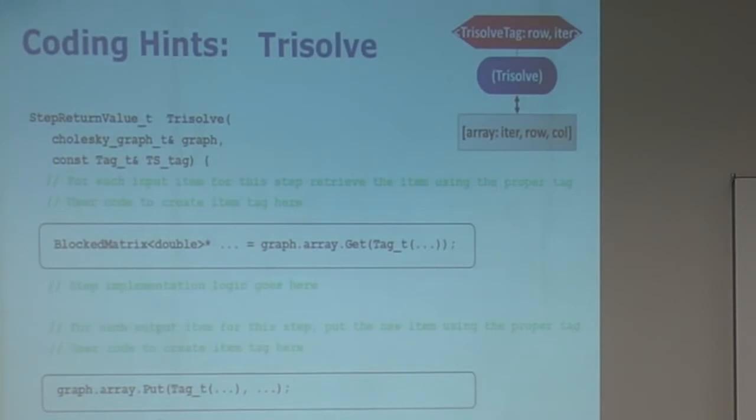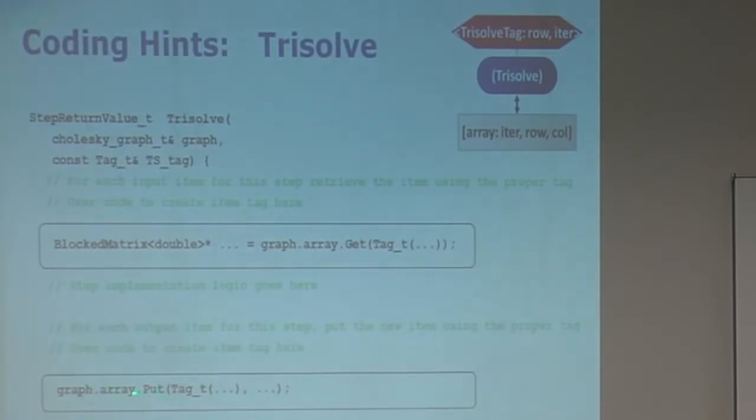So we know from the relationships here that this try-solve step is going to do a get on the array. And what it's going to produce, we don't know what you're going to store it into, but we know the type of the thing you're going to store it into. So we give you a hint here that that's code you need to put in, and we generate this, just standard stuff.